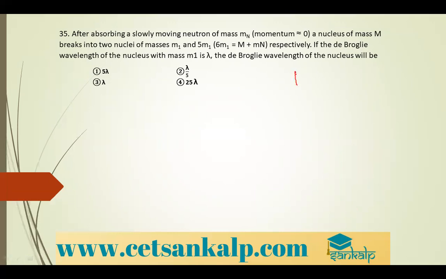that is the initial momentum is equal to 0. So you can say the final momentum is equal to P1 plus P2 na. Okay, as you know that according to the thing, initial momentum is equal to final momentum.